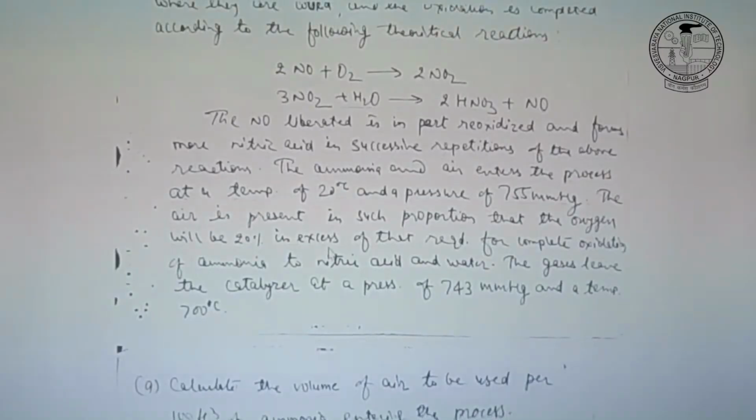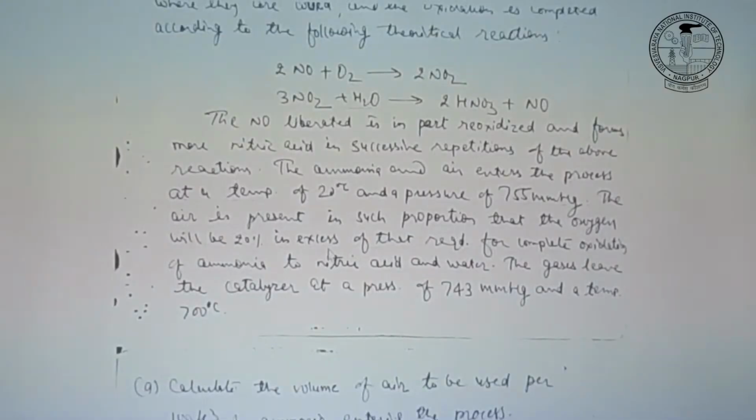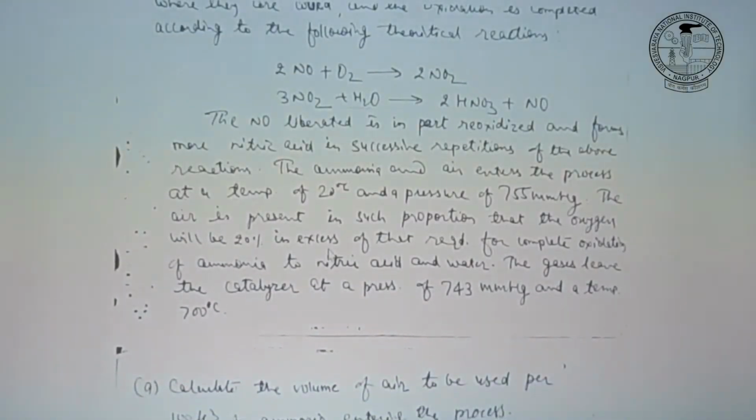The ammonia and air enter the process at a temperature of 20 degrees centigrade and pressure of 750 mmHg, right? So these are the conditions of the inlet ammonia and air. The air is present in such proportion that the oxygen will be 20% in excess of that theoretically required for complete oxidation of ammonia to nitric acid and water, right?